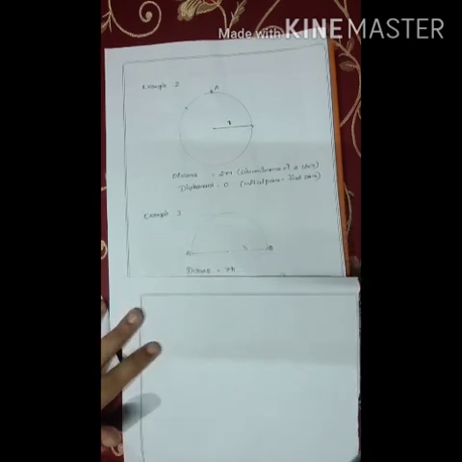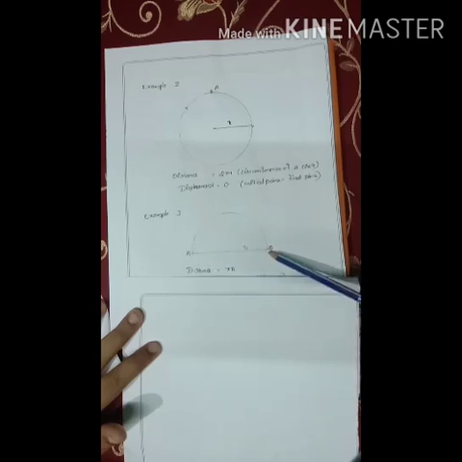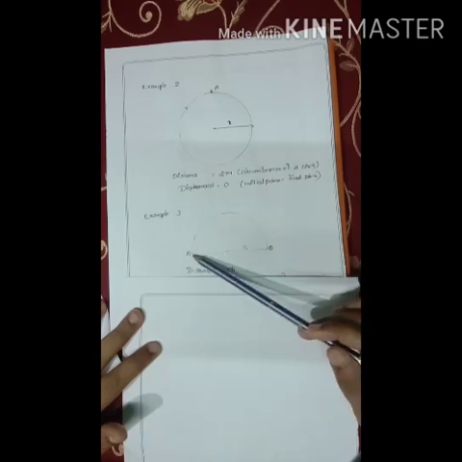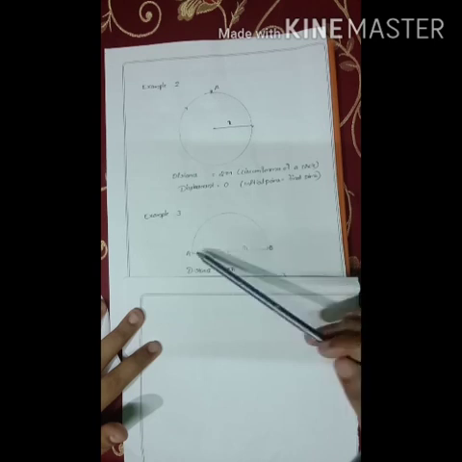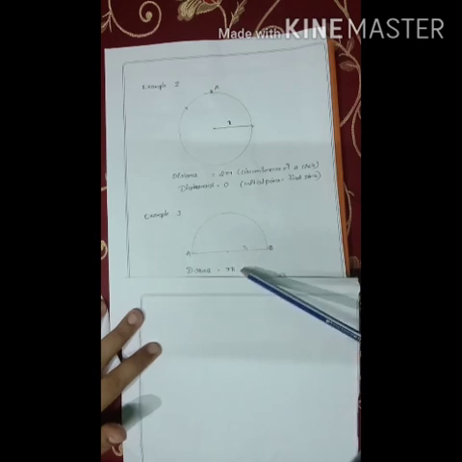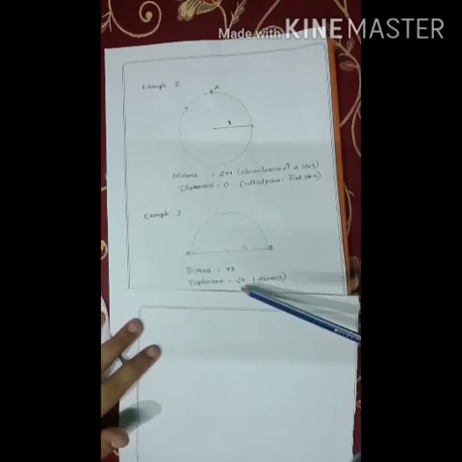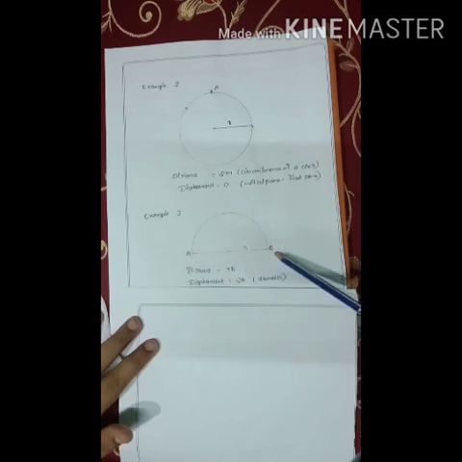Next example. An object moves along a semicircular path. Start point A and reach point B. Radius is given, radius equals r. So distance traveled by the object equals the circumference of the semicircle, that equals pi r. Then displacement. Displacement means the distance between initial and final point.